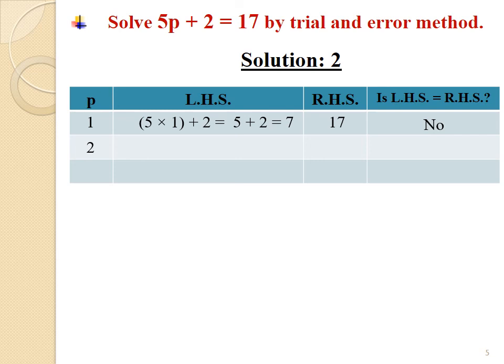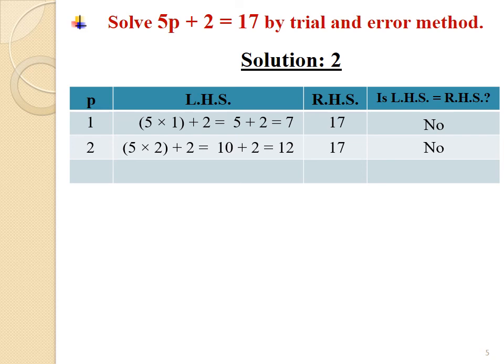Thus multiplying 5 by 2 and adding 2 to the product, we get 10 plus 2 equals 12. Let us write 17 in RHS column as 17 is given on RHS. Since LHS is not equal to RHS, so we have to write no.